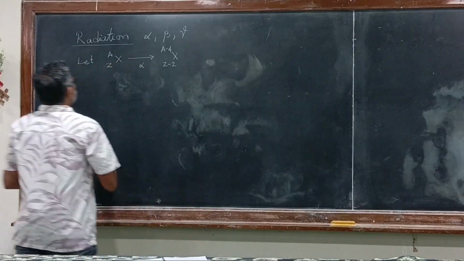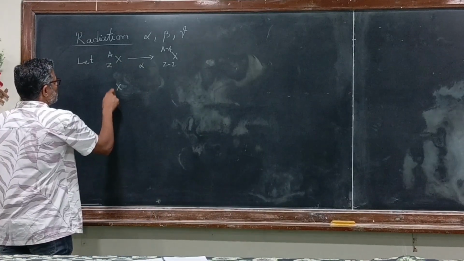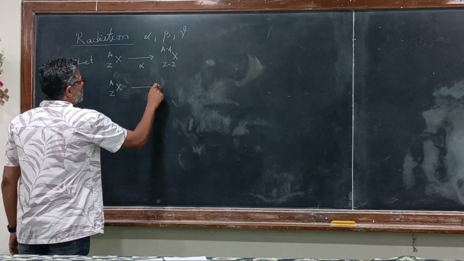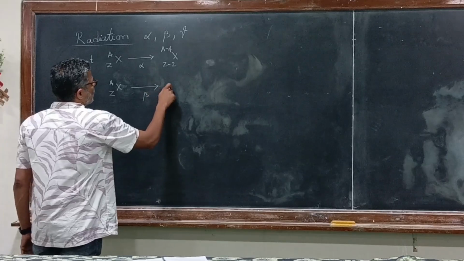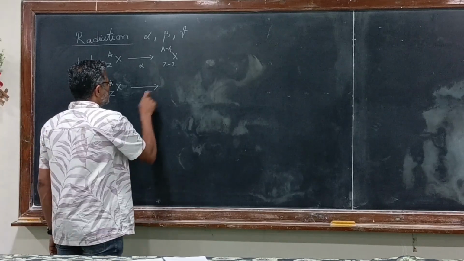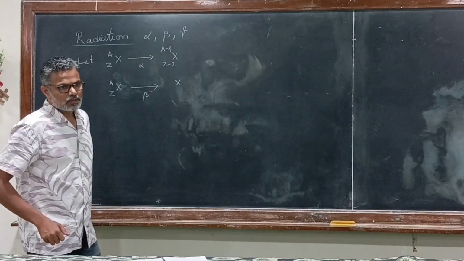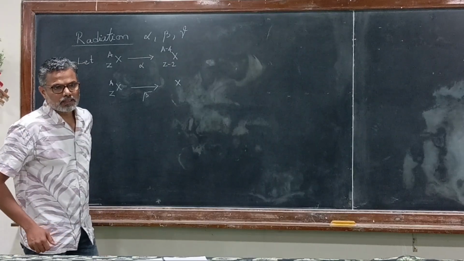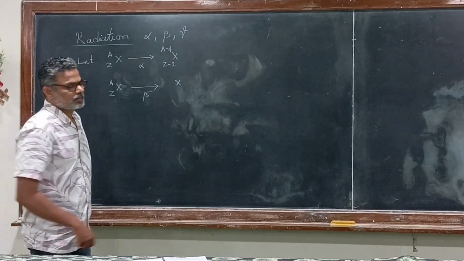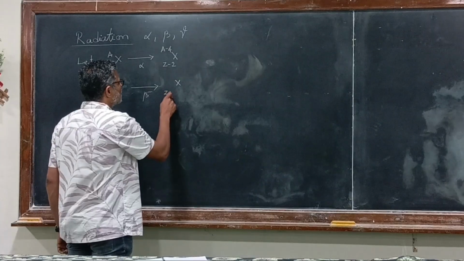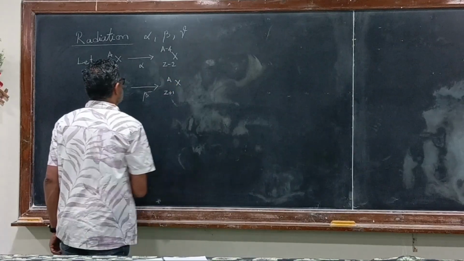Okay. And for example, X, Z, A, by releasing beta, then what will happen? So X will be Z plus or Z minus? Z plus 1, A same.